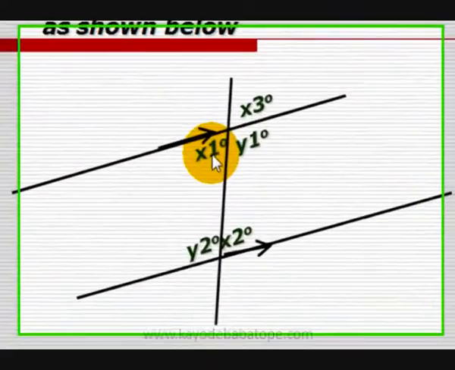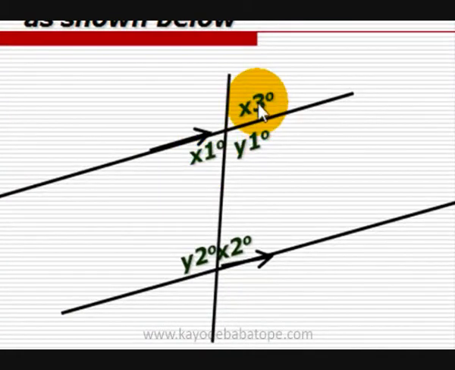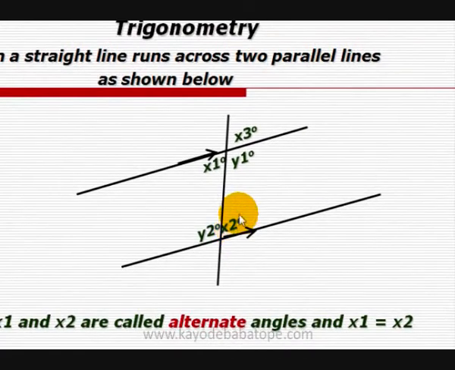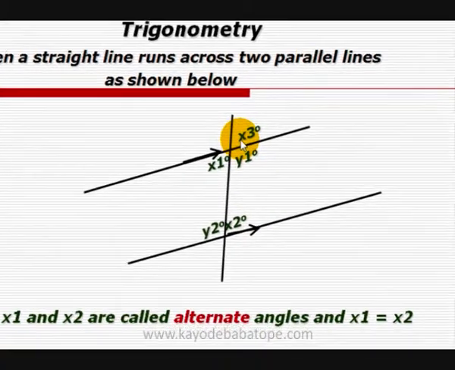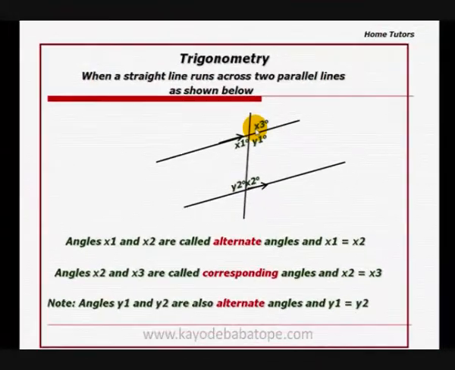So at this point, X1 and X3 are equal. They are called vertically opposite angles. X1 and X2 are equal. They are called alternate angles. X2 and X3 are equal. They are called corresponding angles.